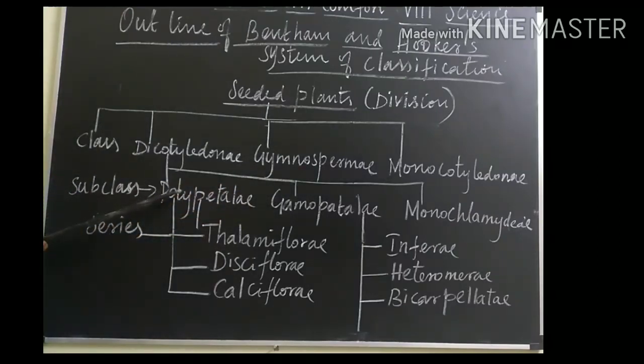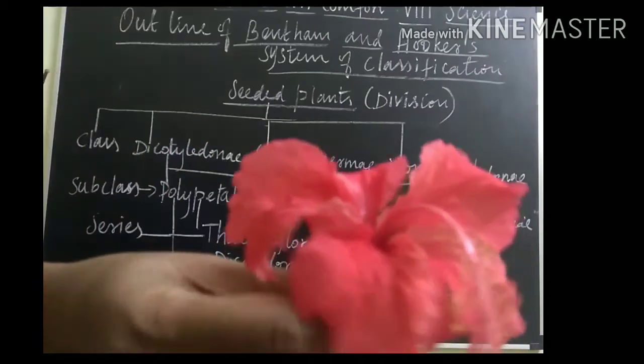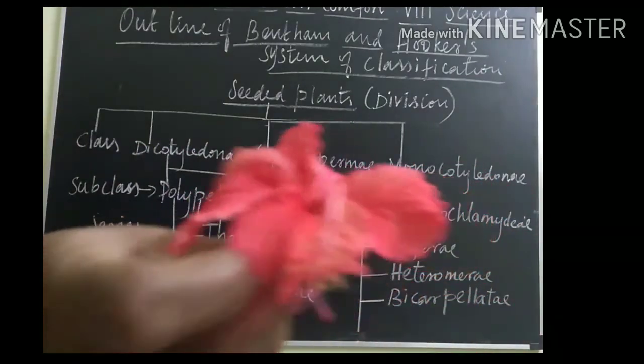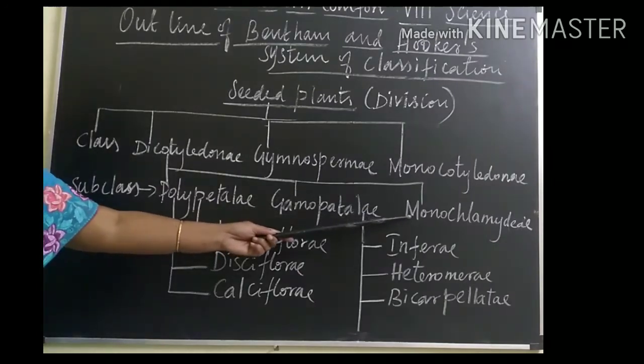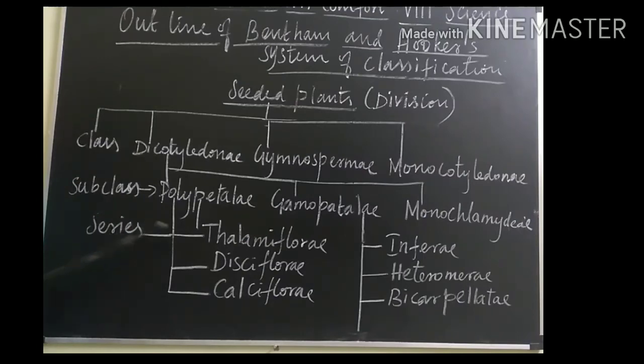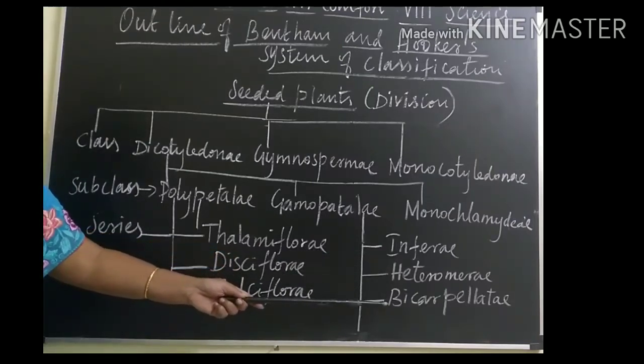Subclass Polypetalae. Say all of you, Polypetalae, you can see that the petals are free from one another, free. Then Gamopetalae, the petals are united. Then Monochlamydeae. Series Thalamiflorae, Disciflorae, Calyciflorae. Inferae, Heteromerae, Bicarpellatae.